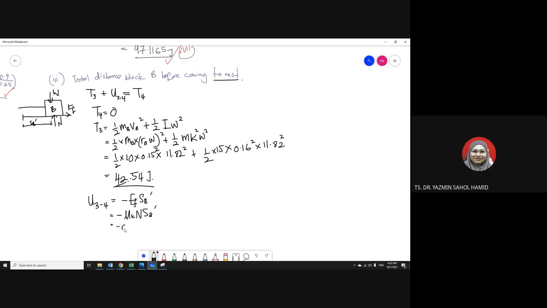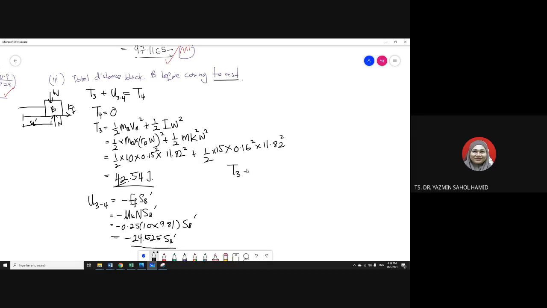This one will be 0.25 times the normal force mg, 10 times 9.81 times SB prime. So we get negative 24.525 SB prime. Now we can put into the formula because we have all the important values.